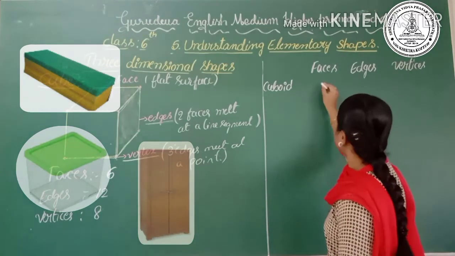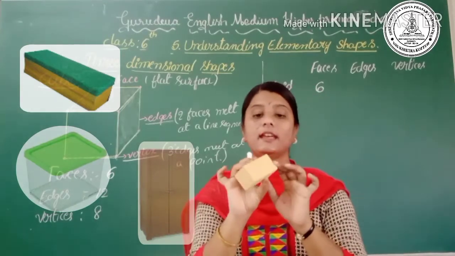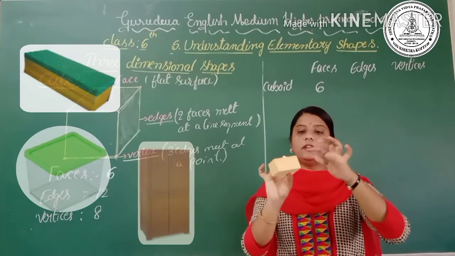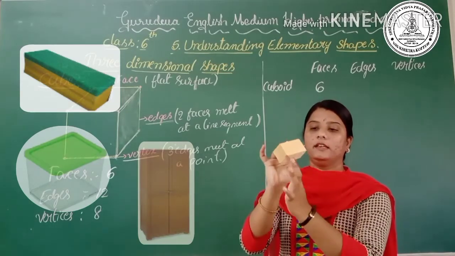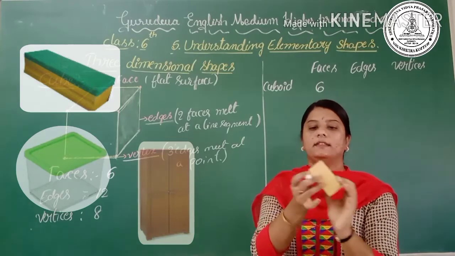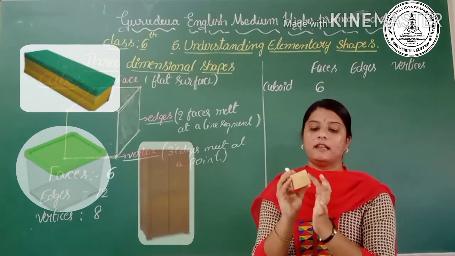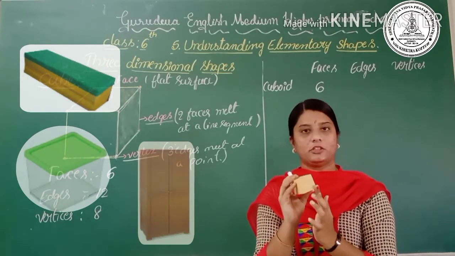The number of faces of a cuboid is 6, and it also has 12 edges. Let's count here. One of the edges, 1, 2, 3, 4. The next 5, 6, 7, 8. Then 9, 10, 11, 12.